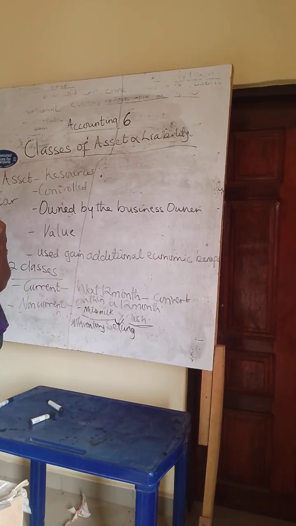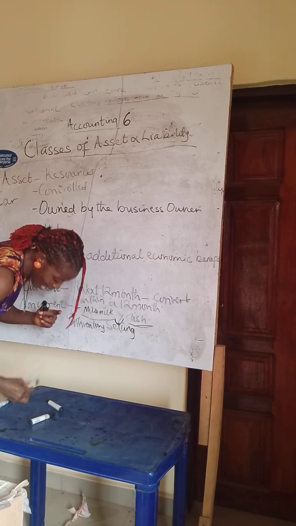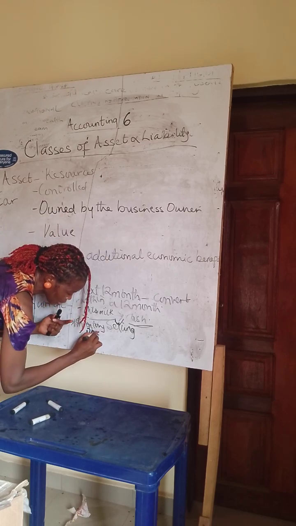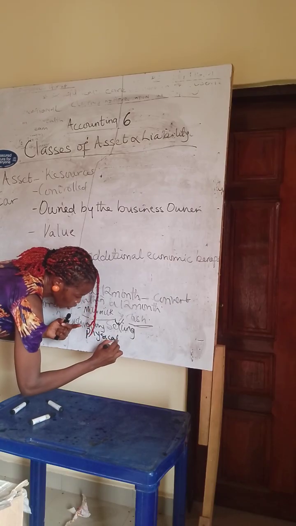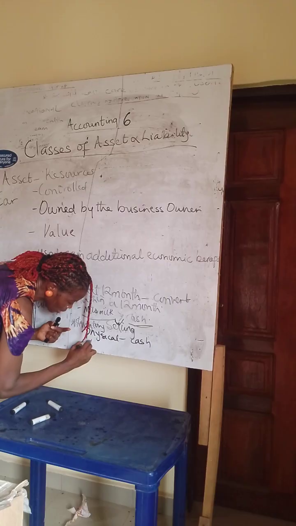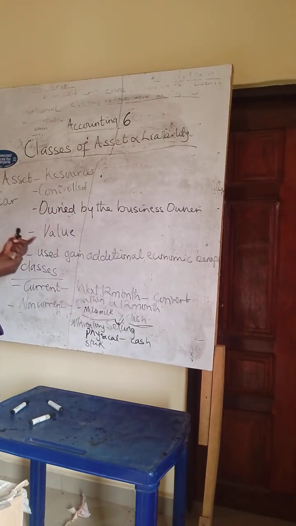But the point is you're able to convert that car from physical stuff into cash. So anything that can be converted from its physical state to cash is what? A current asset. Are we together? So if you're able to convert it from physical stock, as the case may be, to cash, it is a current asset.